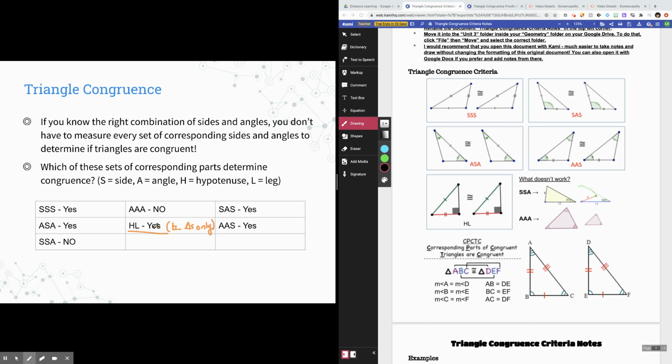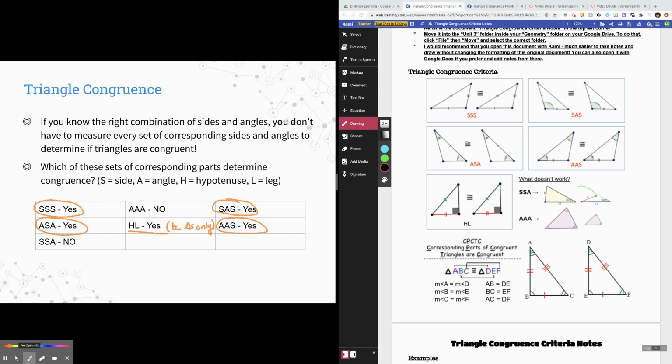Okay, so there's HL and then there's 4 other triangle congruence criteria that if you know just these 3 sets of things, then you'll know that the triangles are congruent without having to measure the other 3 things, which is kind of cool. Okay, so our 4 triangle congruence criteria are side, side, side, okay, side, angle, side, angle, side, angle, and angle, angle, side. Okay.